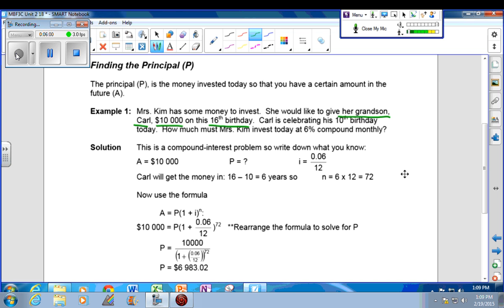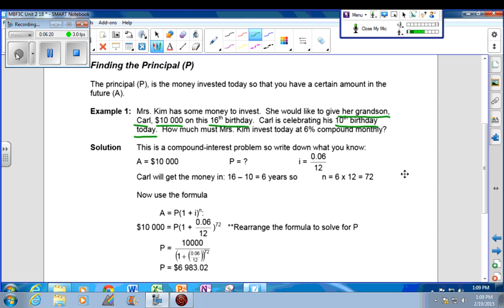That is a really, really nice present. Maybe he'll buy a car, maybe he'll buy a snowmobile, something like that. Maybe he'll put it in his college fund. But that's a great present. Carl is celebrating his 10th birthday today. So now we know she's got a few years to make that $10,000 happen.